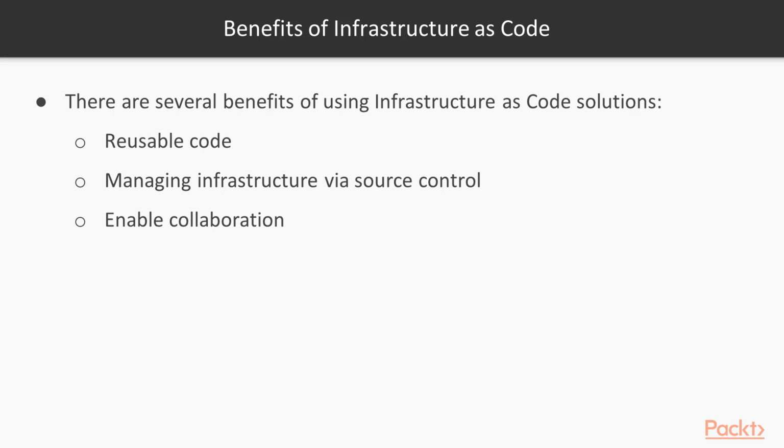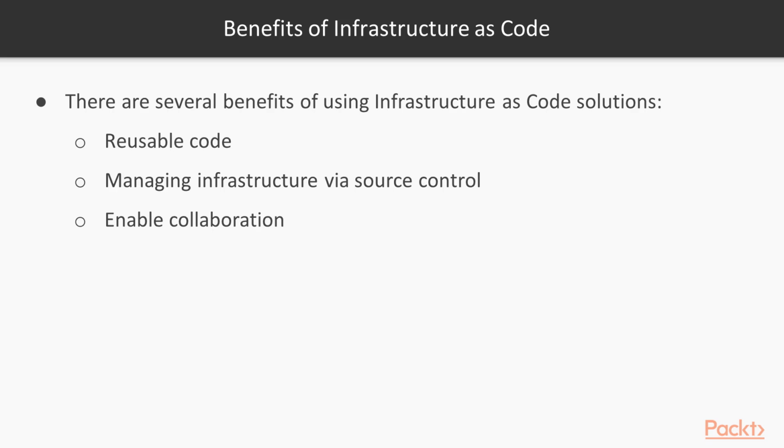You can put it in a Git repository and have version control. And third is enabling collaboration. Within this type of infrastructure, person A can write infrastructure related to the EC2 instance, person B can create the load balancer, person C can create the MySQL database, and person D can create S3 buckets. This is what is called enabling collaboration.